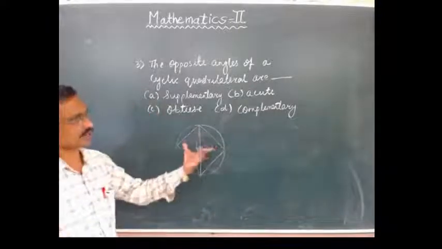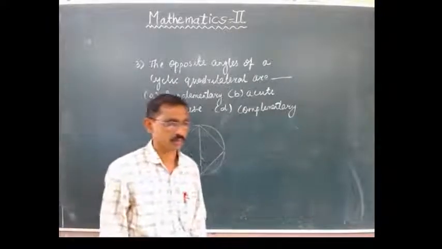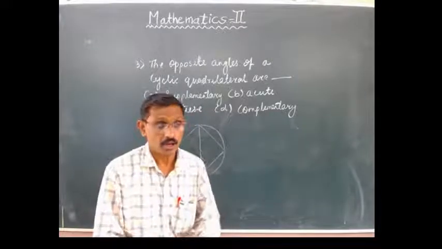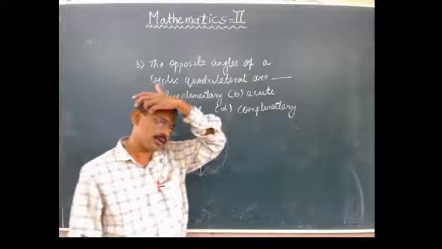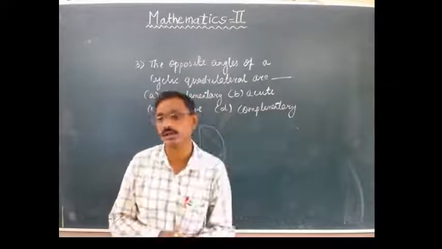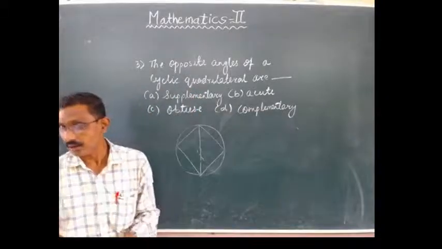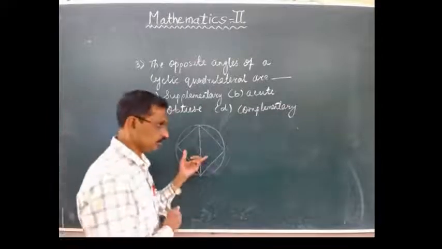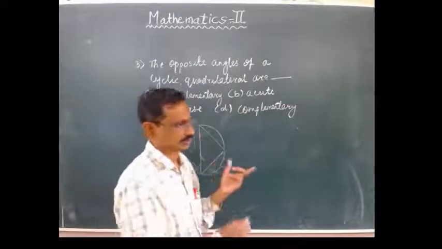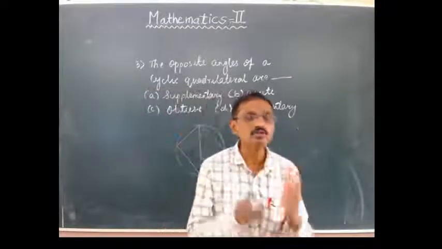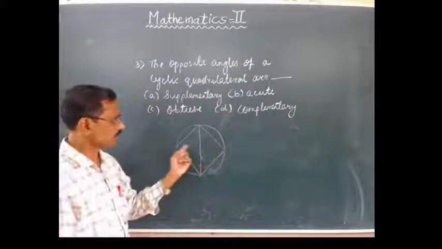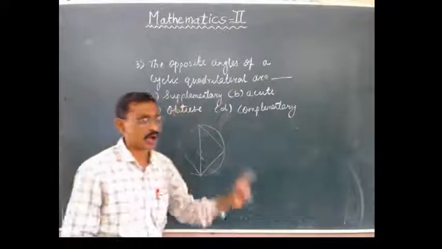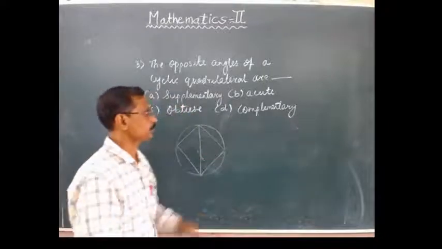Opposite angles in a cyclic quadrilateral, what are they given to us? If you study the cyclic quadrilateral, we have got a theorem about it. What does the theorem state? The theorem states that the opposite angles of a cyclic quadrilateral are always supplementary.